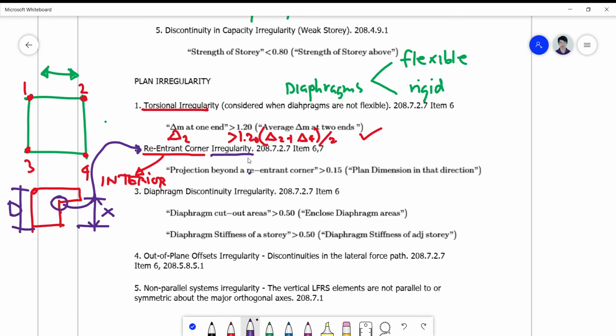It's easy to diagnose it. In fact, if you look into a lot of existing buildings here, you might think that a lot of us are violating this, especially in places where there's no strict implementation of the code requirements.